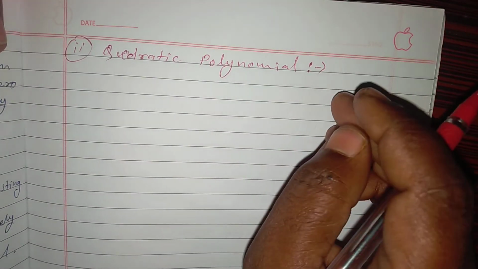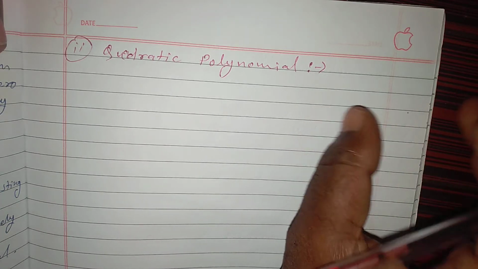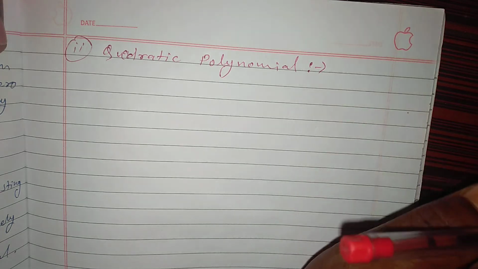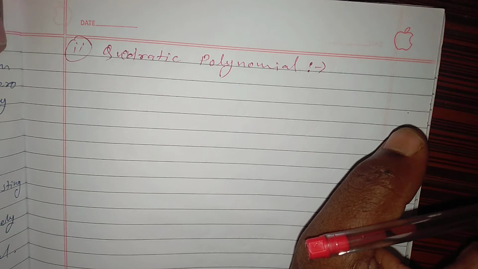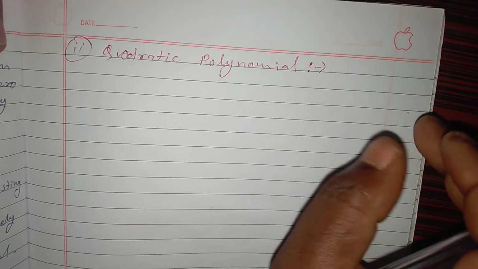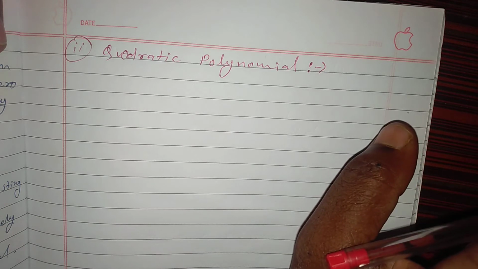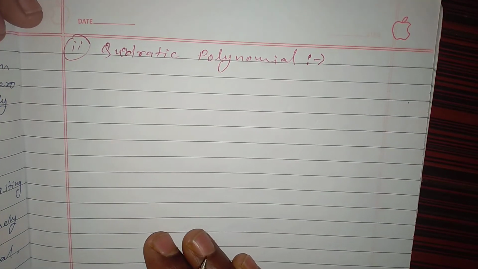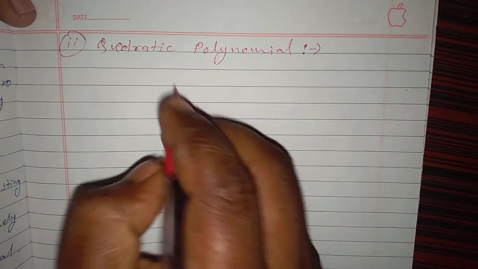A polynomial of degree 2 is called a quadratic polynomial. We can also say a polynomial which has the highest degree of variable 2.